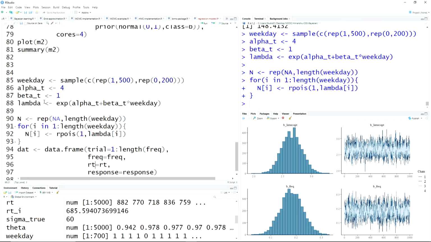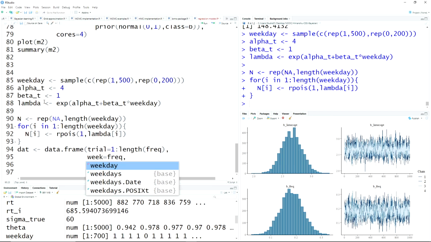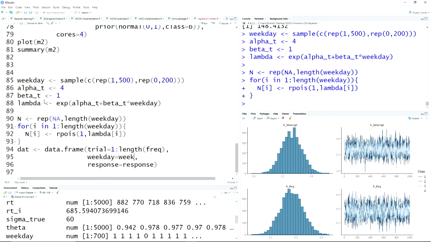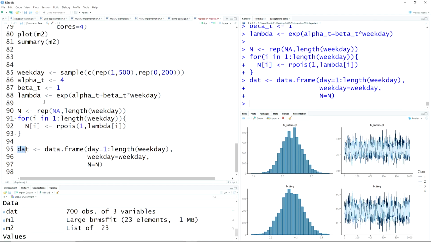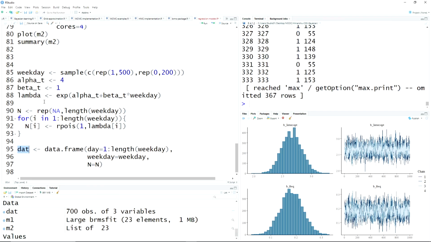So now in data, you can store weekday equals weekday, day equals 1 to length of weekday, and here you have the number of road accidents on the ith day, so n equals n. So this is your fake data. You can see how it looks.